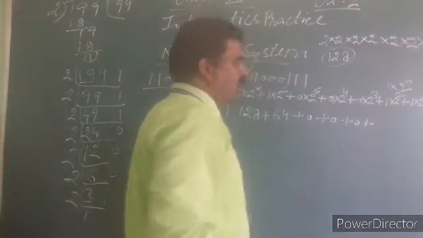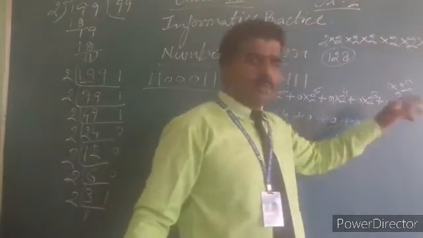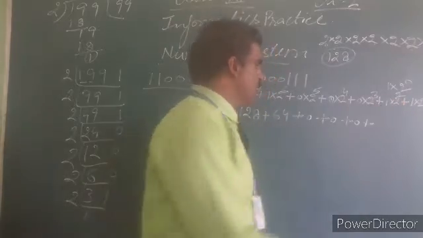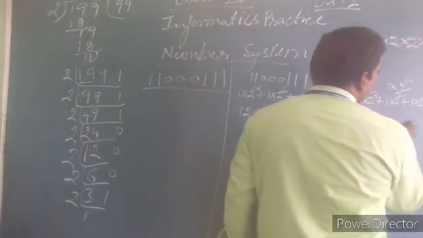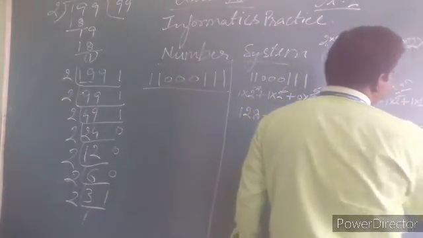After that 2 to the power 2, 2 twos are 4, 4 into 1 equals 4, plus 2 plus 1.